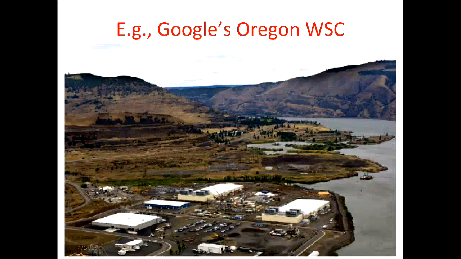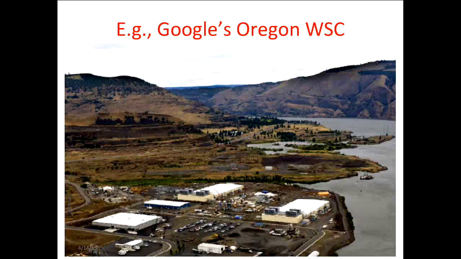This is an example of a warehouse scale computer. Do you see something here? You can see some buildings, a river, a wide field, and some hills. You notice that this is quite isolated, right?